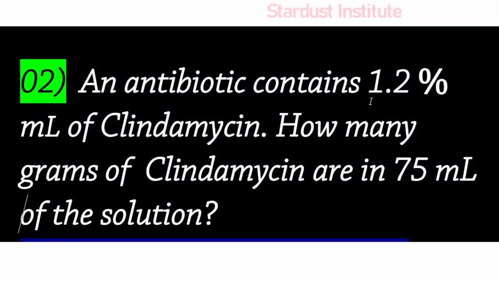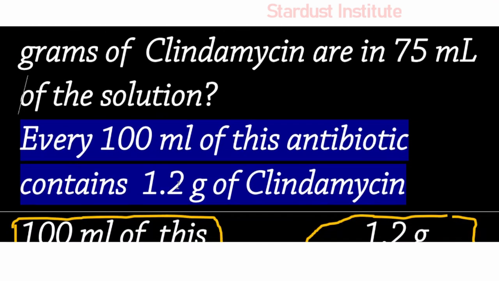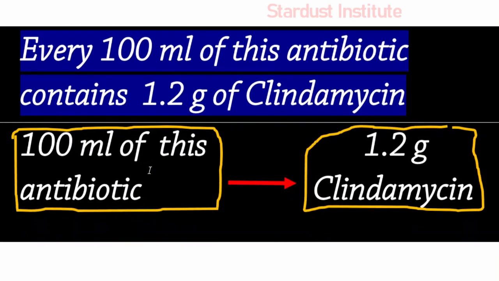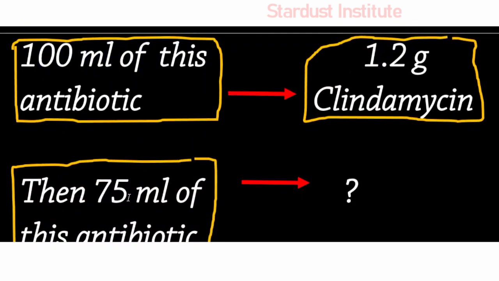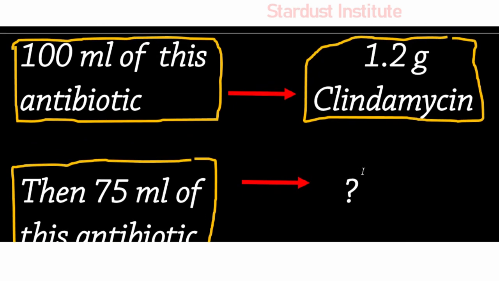This is a 1.2% weight by volume clindamycin solution. Therefore, every 100 milliliters of this antibiotic contains 1.2 grams of clindamycin. Then in 75 milliliters of this antibiotic, how many grams of clindamycin are there?